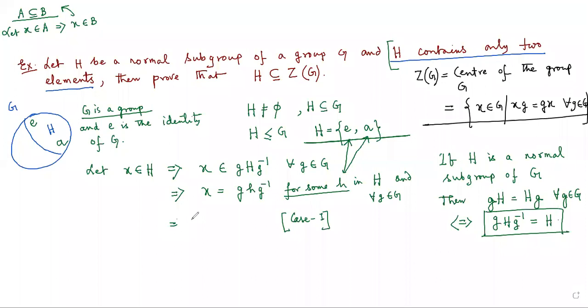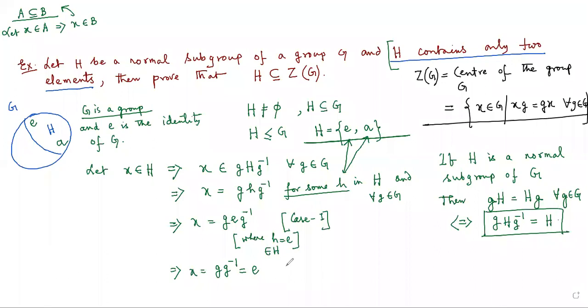Then we can express my X in the form g e g inverse, where h is chosen to be the identity, which belongs to capital H. This X can then be written as g g inverse, because whenever a group element is multiplied by the identity, the element remains the same, and in turn it gives you X equal to e.